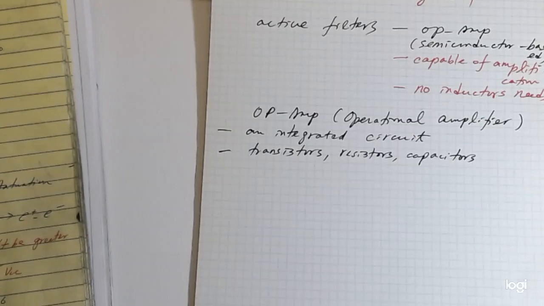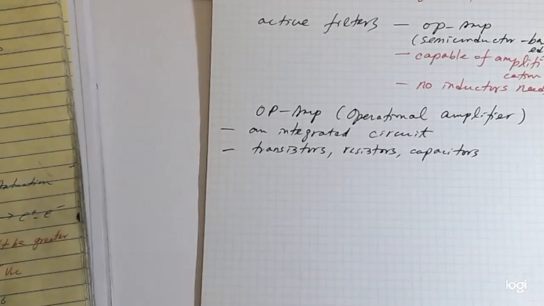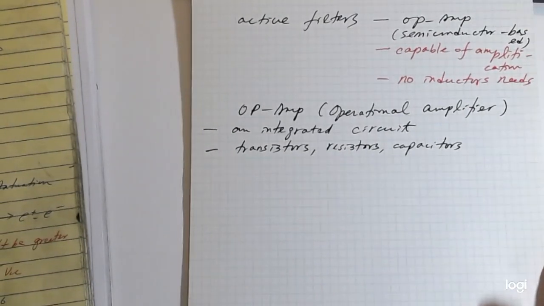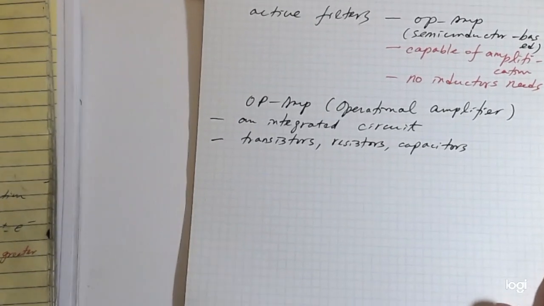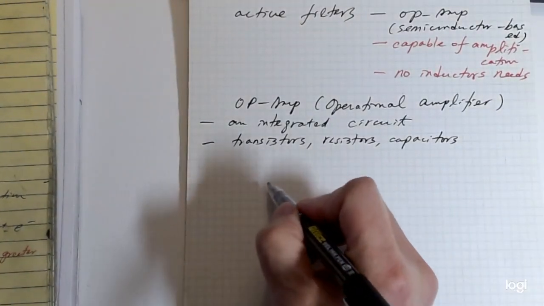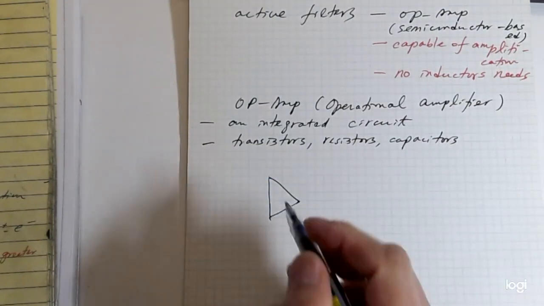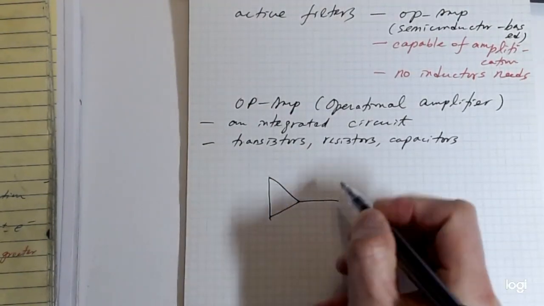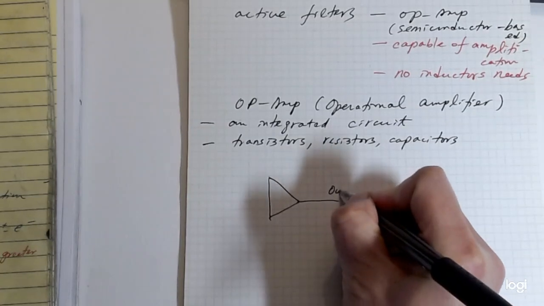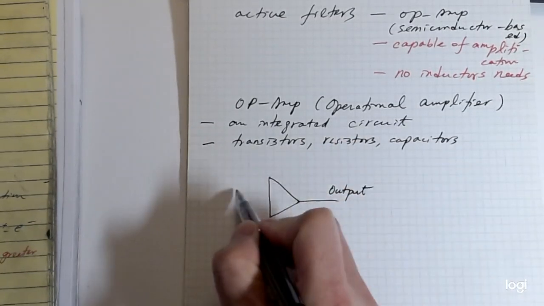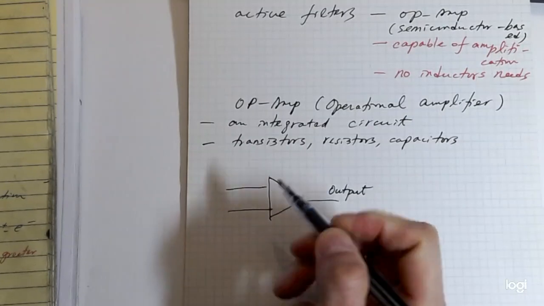So we use a symbol to represent this type of op-amp, operational amplifier. This triangle, and we have the voltage output and two input terminals.